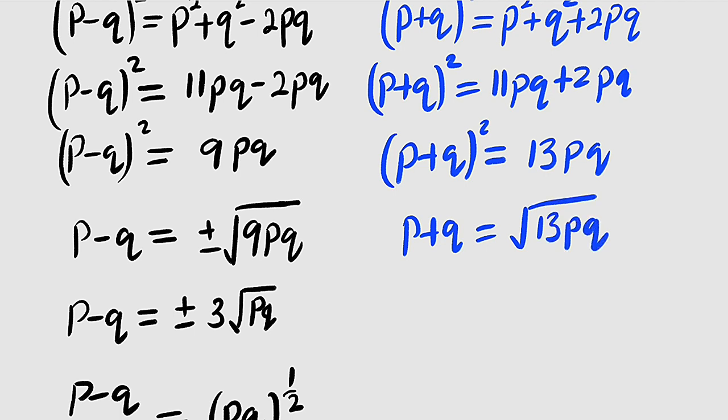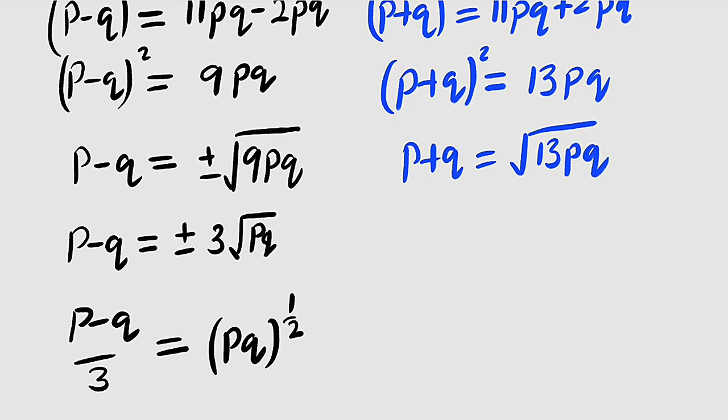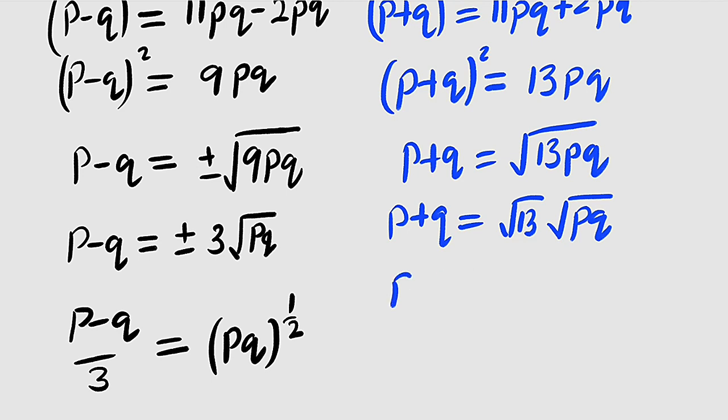We avoid the negative sign because of the logarithm we are going to take. p plus q is equal to the square root of 13 multiplied by the square root of pq, which is all the same thing, because I want to divide both sides by root 13. (p plus q) divided by root 13 is now equal to what? The square root of pq, which is the same thing as pq to the power of 1 over 2.